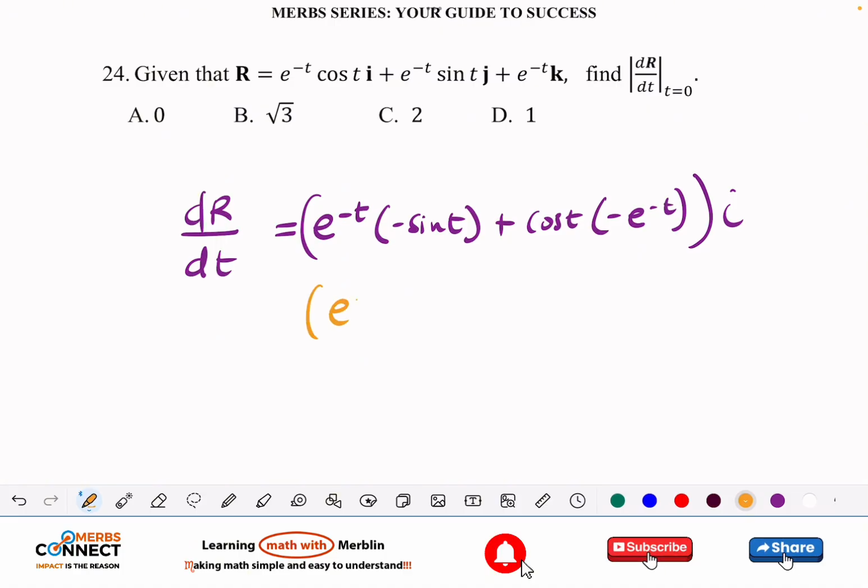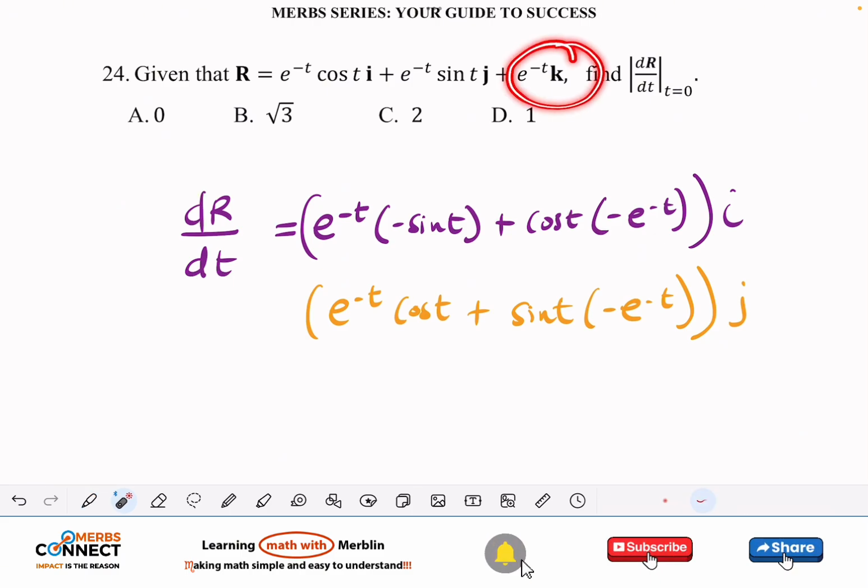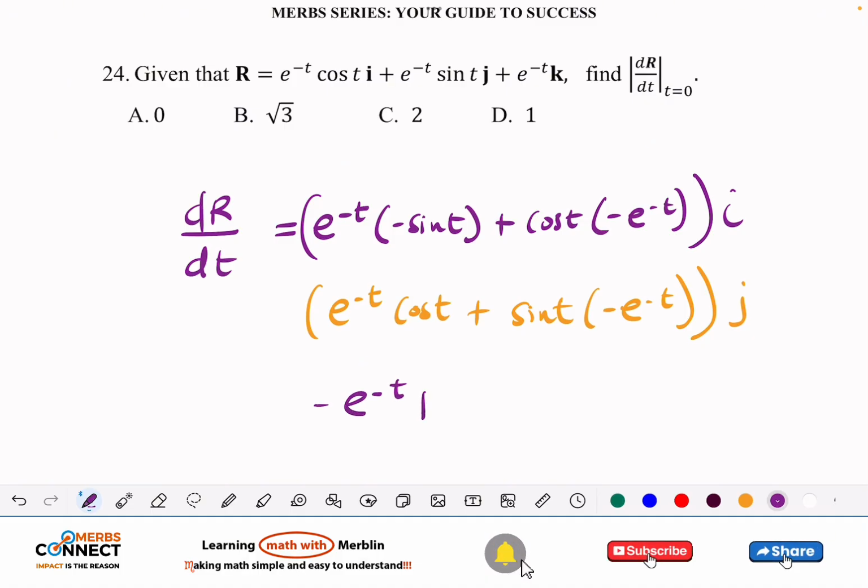I maintain e to the power minus t and differentiate sine t and get cos t, plus I maintain sine t and differentiate e to the power minus t and I have minus e to the minus t. This alone is j. Then I go to k direction, and I'm going to have this one to be minus e to the minus t k.